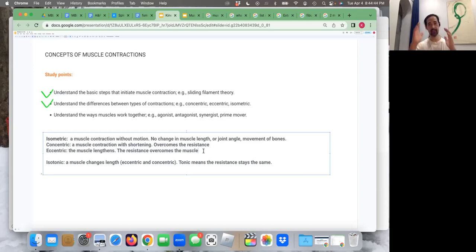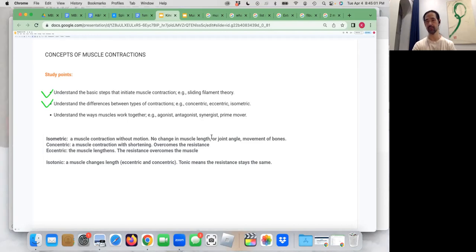And pushing away from the ground in a push-up or a squat is the muscle overcoming the resistance. But I bet dollars to dimes that they'll ask you about isometric: contraction without motion, no change in muscle length, joint angle, or movement of bones, that being relatively safe for acute injuries. Okay, onward.